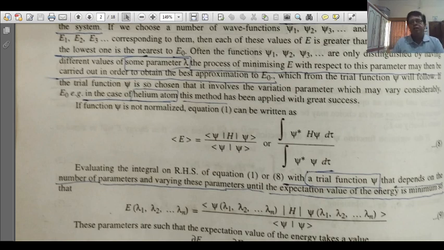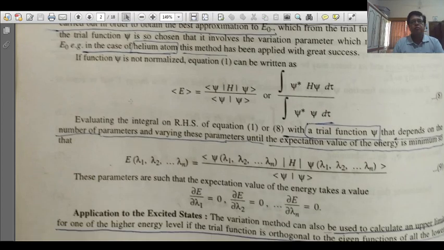Now, in the case of the helium atom, this method has been applied with great success. It is a very good method for such kinds of problems.